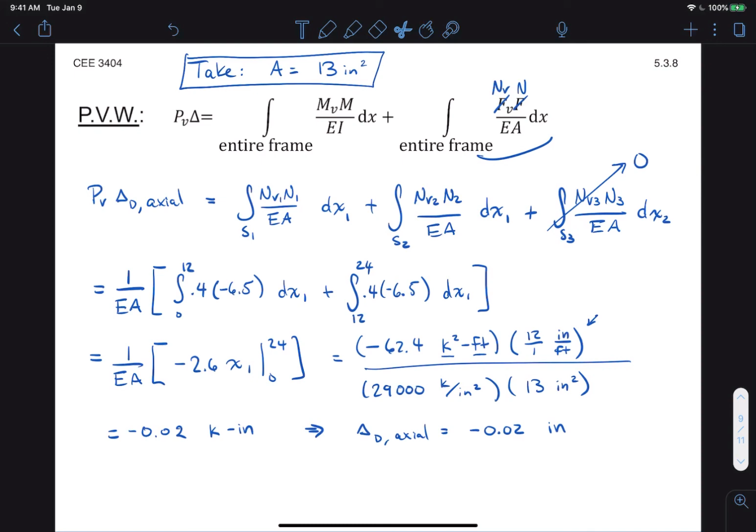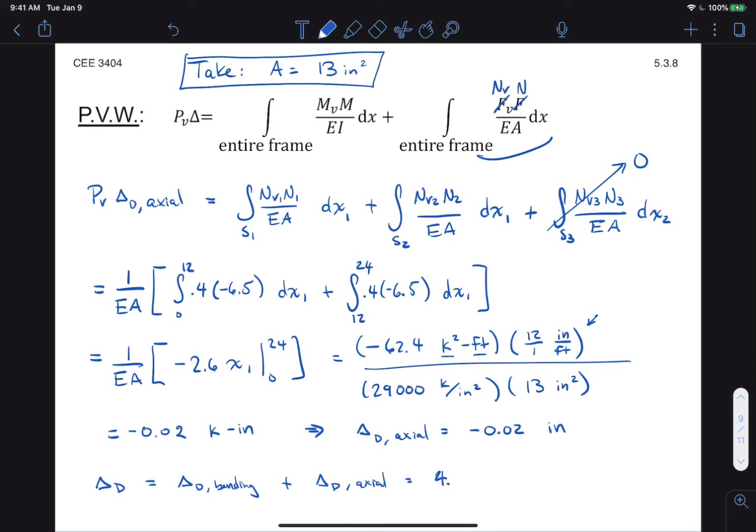Notice that this displacement is still lateral. We're not talking about vertical displacements here. Okay, so our total displacement is the displacement due to bending plus the displacement due to the axial deformations.